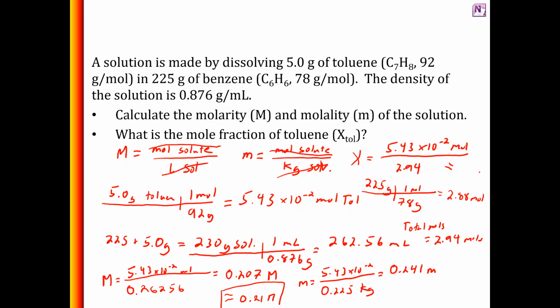So our actual mole fraction is 5.43 e to the minus 2 divided by 2.94, so I get a mole fraction of 0.018. So here's our mole fraction, here's our molality, and there's our molarity.